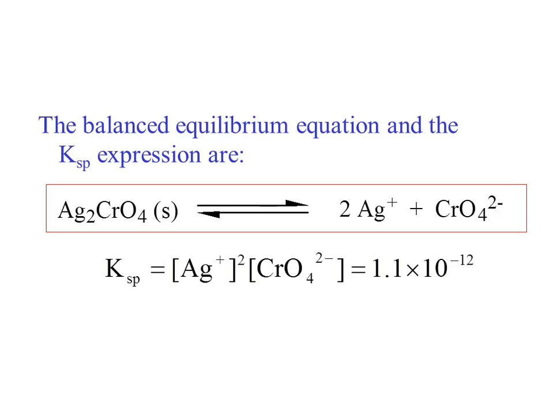Make sure you pay attention to the relative numbers of moles of everything. A really common mistake, and I think this one's probably come back to haunt me before, is you need to recognize you have 2 moles of Ag+, and of course that ends up squaring the molarity of your Ag+.